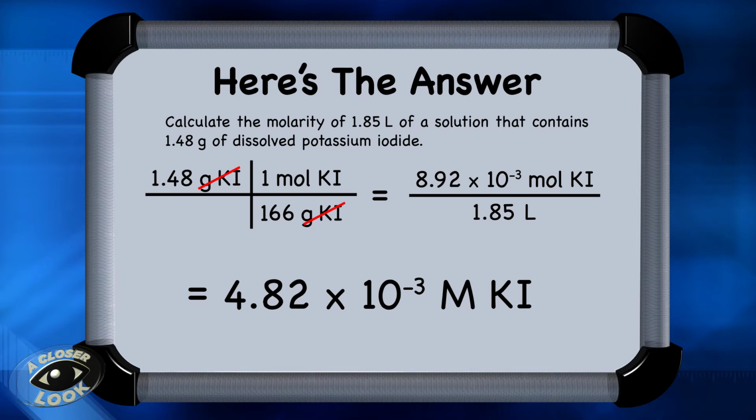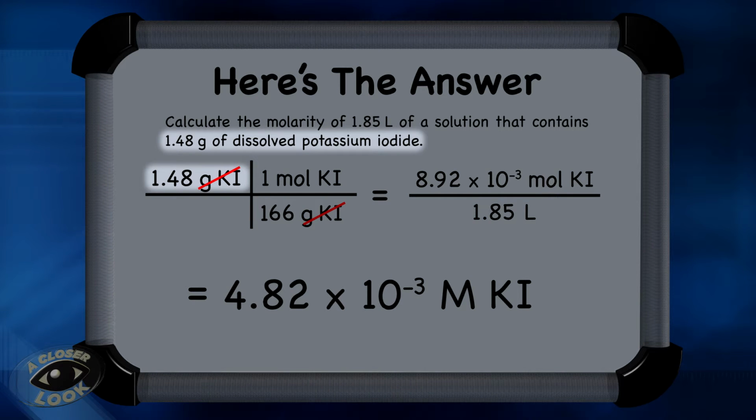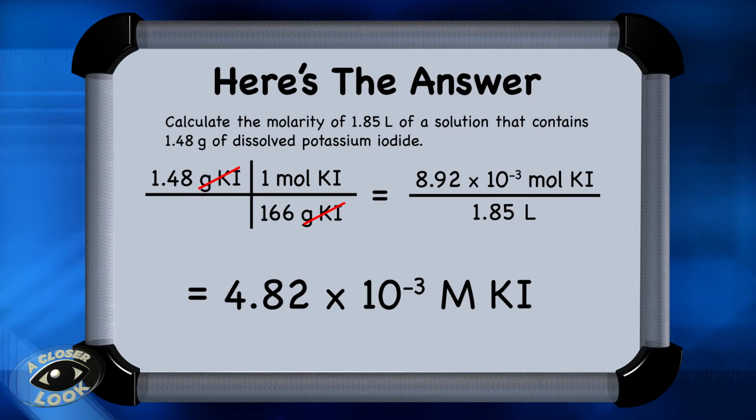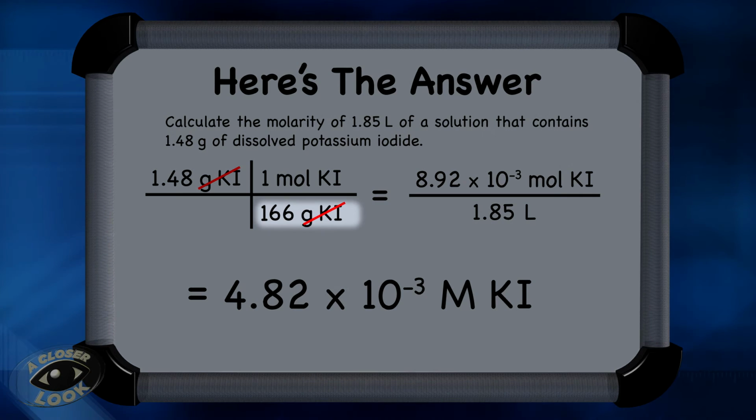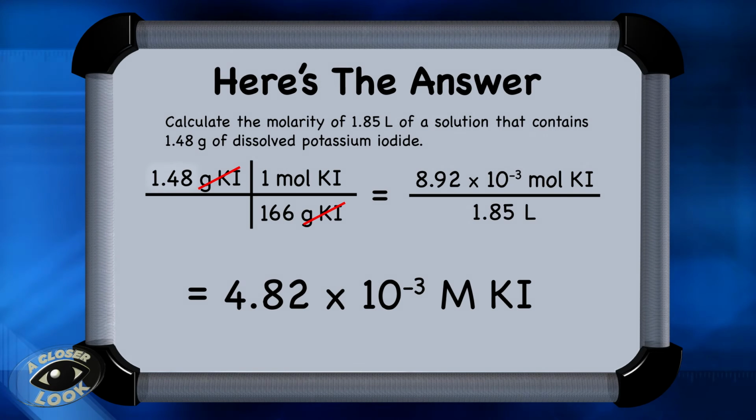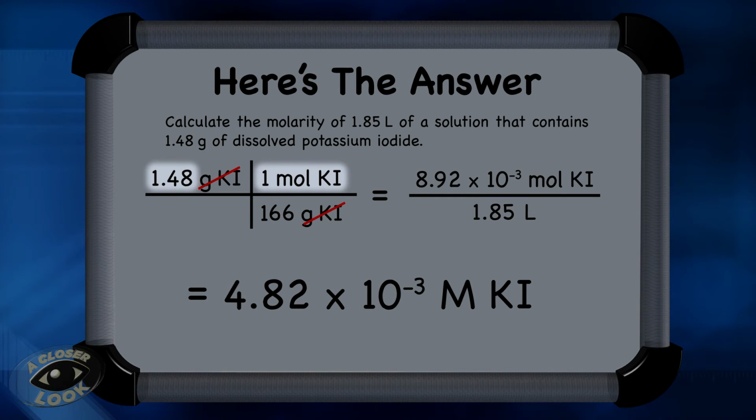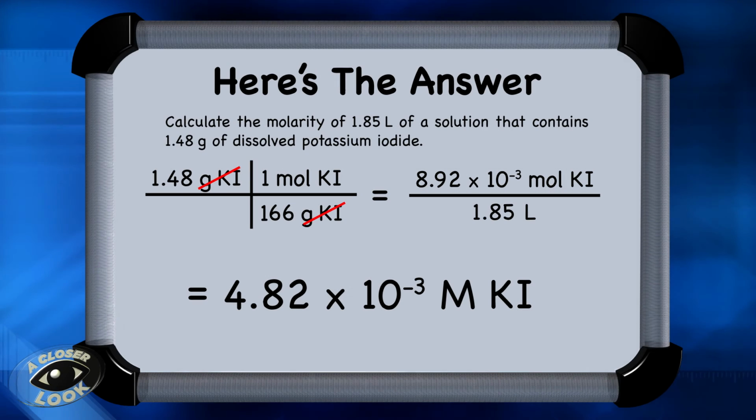The first thing we did was take the 1.48 grams of the potassium iodide and put it in the upper left-hand corner of a conversion chart. Then we brought the units of grams of potassium iodide down and used the molar mass from the periodic table to convert to moles of potassium iodide. And 1.48 times 1 divided by 166 gave us 8.92 times 10 to the negative third moles of potassium iodide.